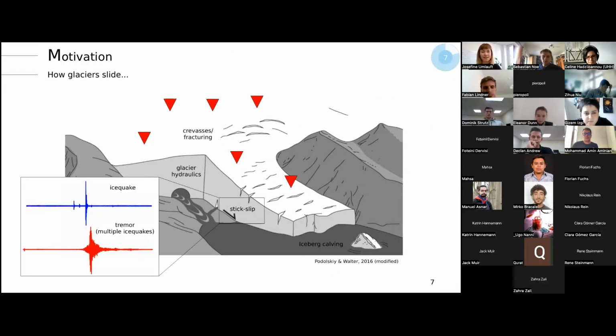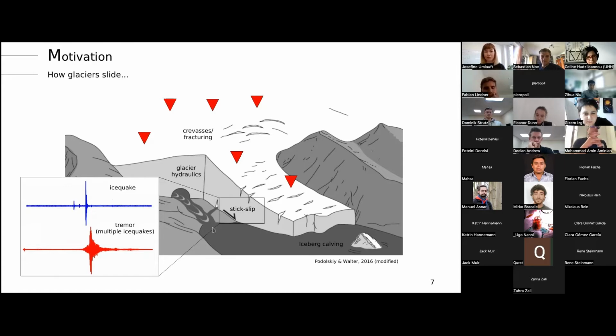And in the best case, those signals would look like that. So we call them icequakes, actually. They are in the physics very similar to earthquakes, which can happen individually, but also develop sustained tremor events. So we have multiple icequakes, one after another, that form a tremor.